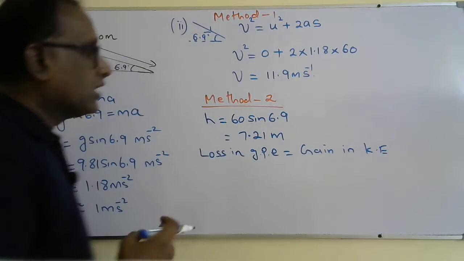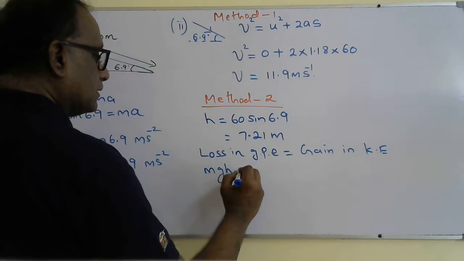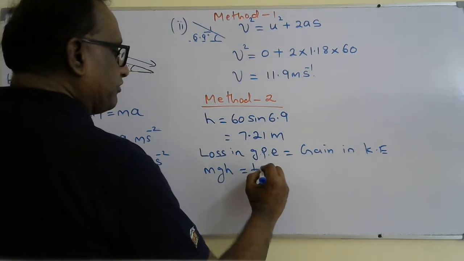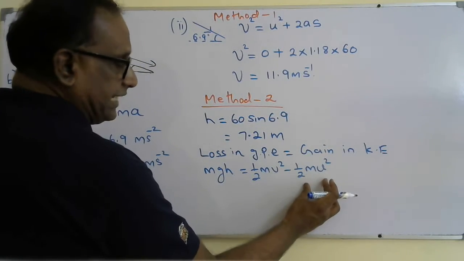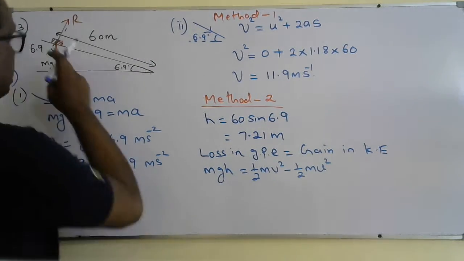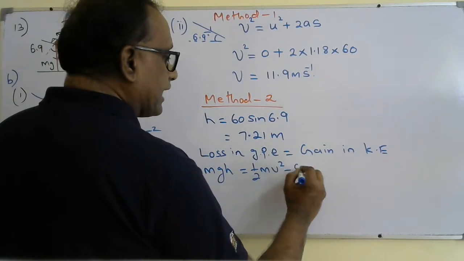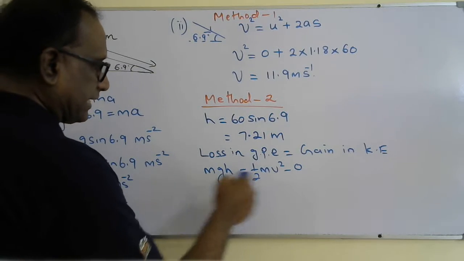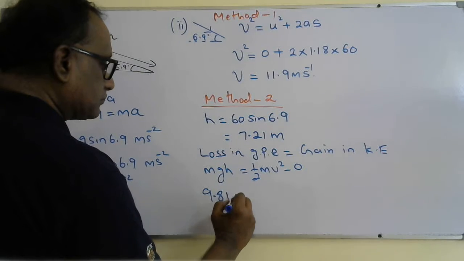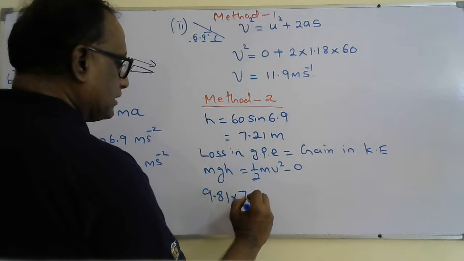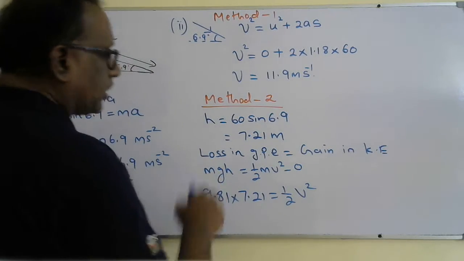Loss in GPE is mgh, gain in kinetic energy is half mv squared minus half mu squared. Initially it was released from rest, so half mu squared is 0, and m cancels. So g into h, 9.81 into 7.21, equals half v squared.